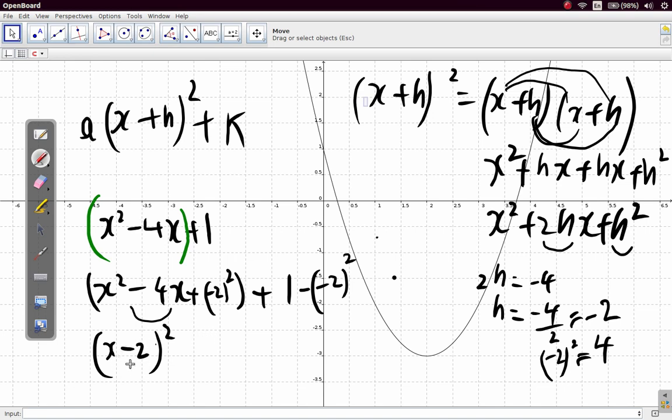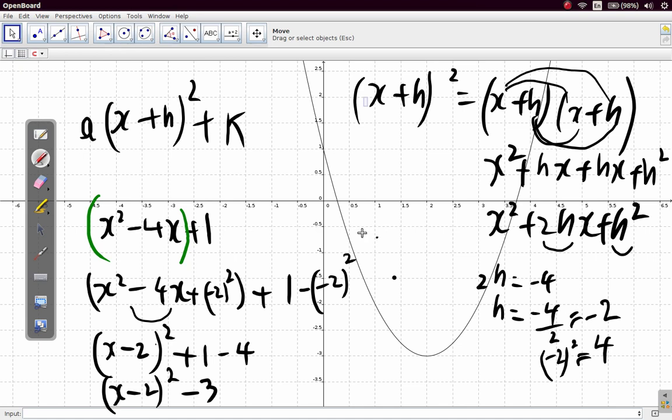If you expand the (x minus 2) squared, you will get x squared minus 4x plus 4, which is the same as negative 2 squared. Then outside the bracket you say plus 1 minus 4. So what you have is (x minus 2) squared minus 3.